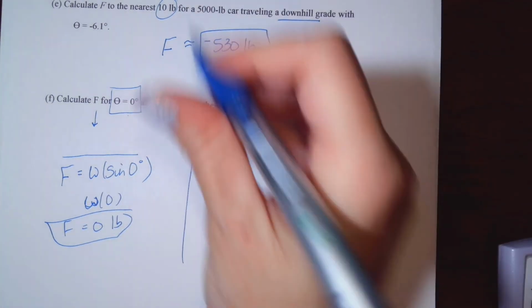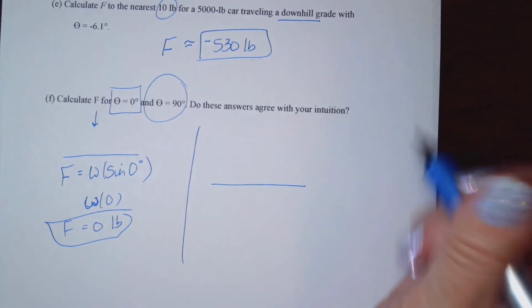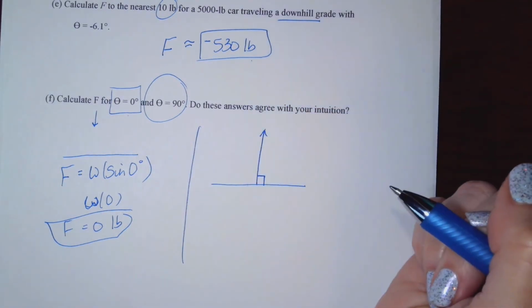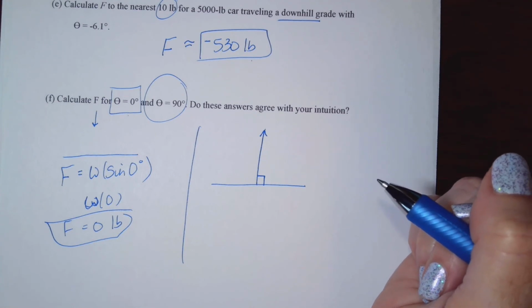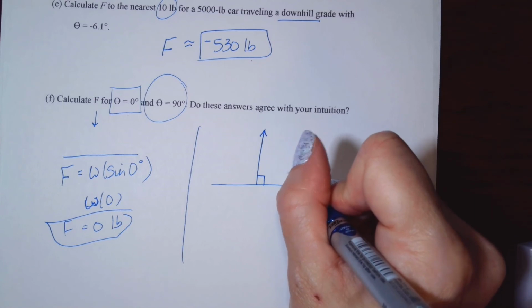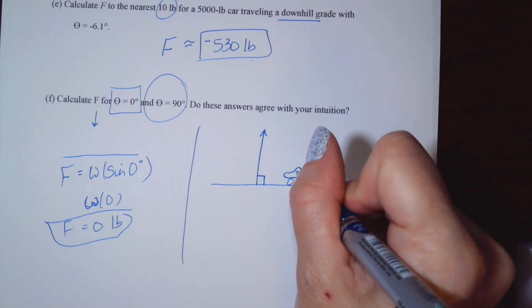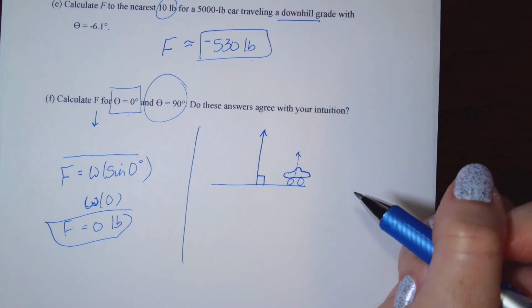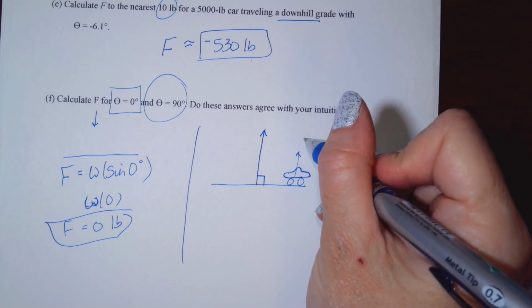What about if theta is 90 degrees? Well, where is 90 degrees? 90 degrees is here. So basically, if my grade is 90 degrees, I'm taking my car that I can't draw and I'm picking it up. Well, what's going to be my resistance if I'm trying to pick up the car straight up?